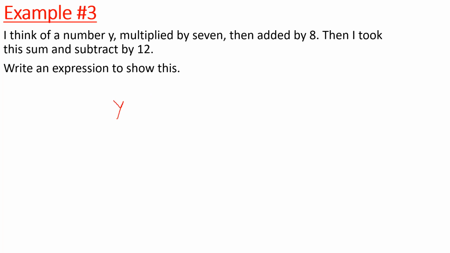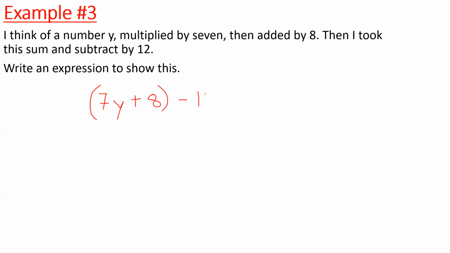What am I gonna multiply it by? 7, right? Good. And then I'm gonna add what? Add 8. Good. Then I'm gonna take this sum and then do what? Subtract it by 12.